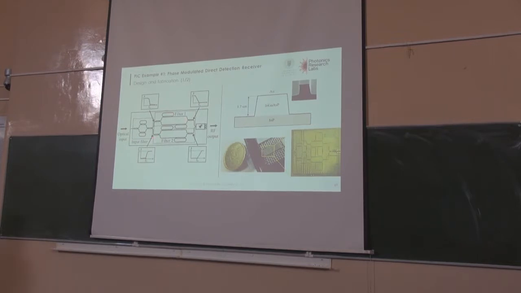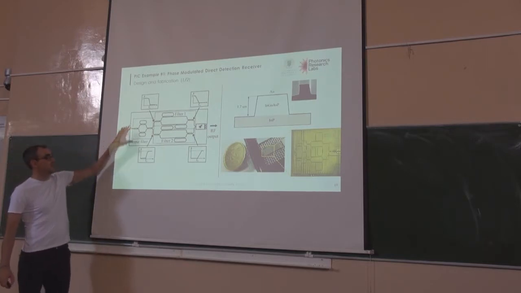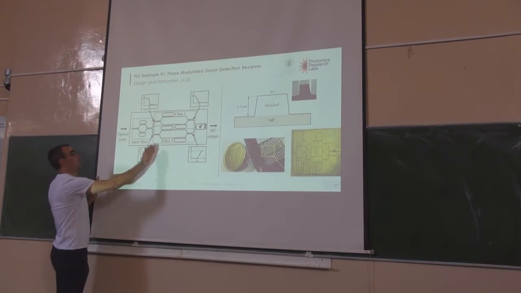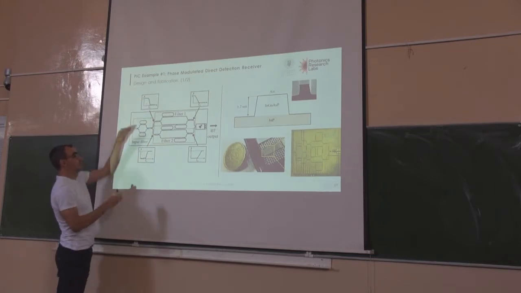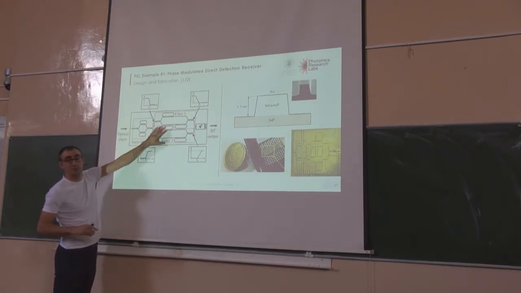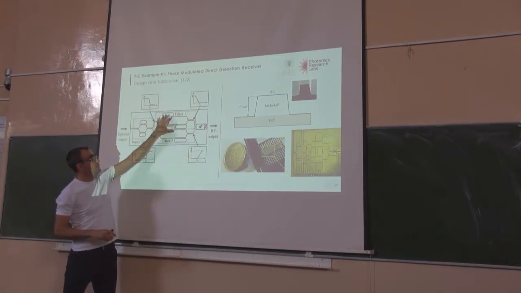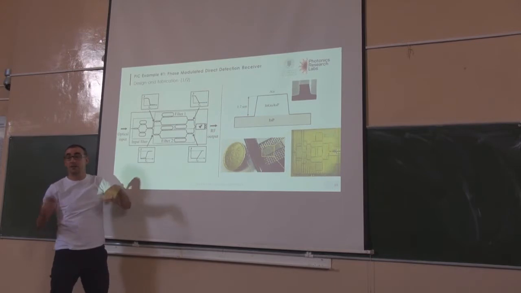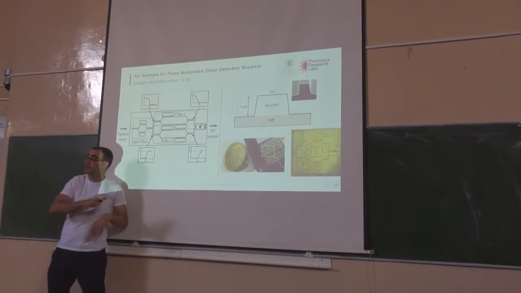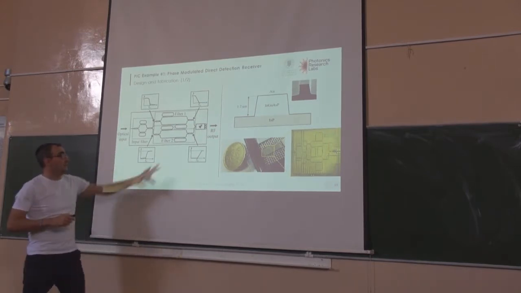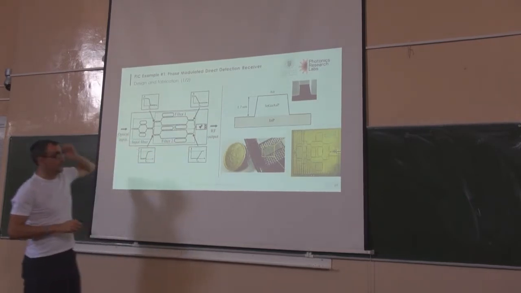These rings are doing the following. The first input filter is just to separate the upper sideband and the lower sideband. So it sends the upper sideband to this filter and the lower sideband to this filter. And then these two filters are the ramp filters, the ones that are actually rectifying your frequency. Okay? And then the output goes to a balanced photodetector.